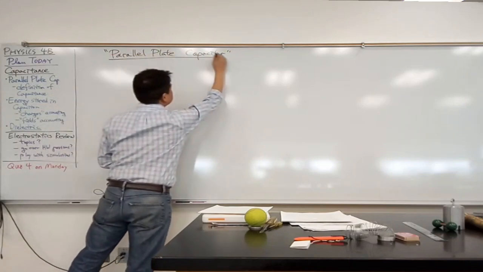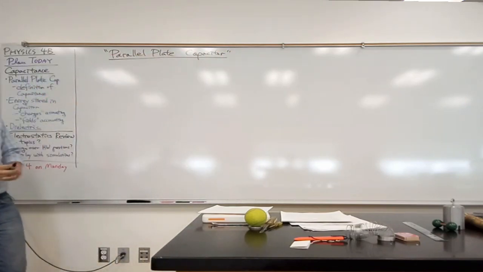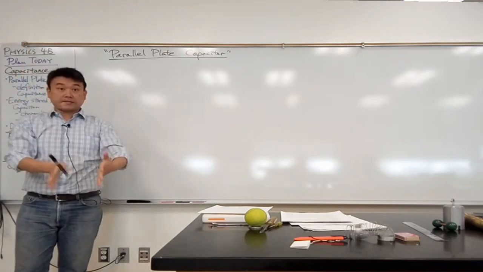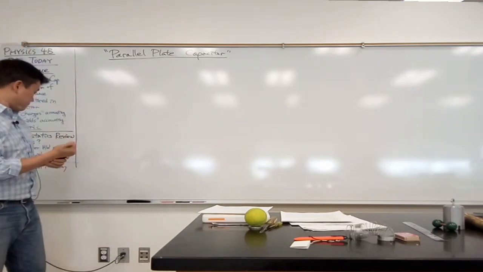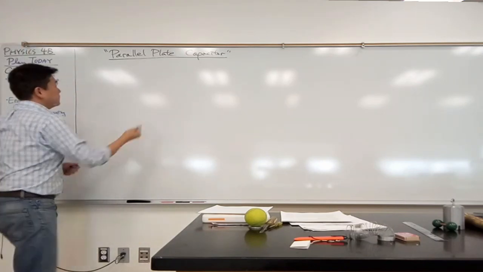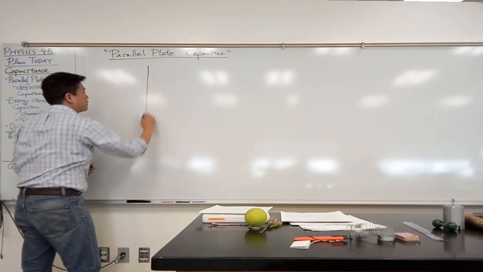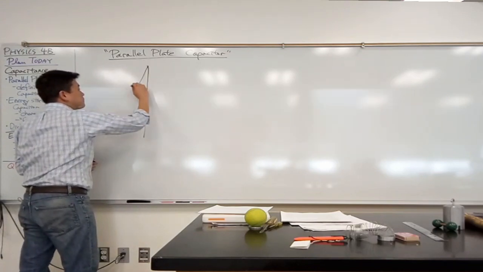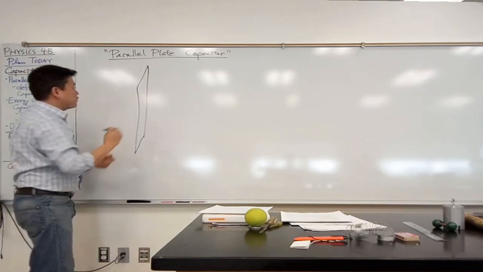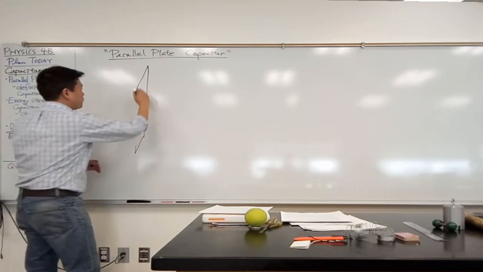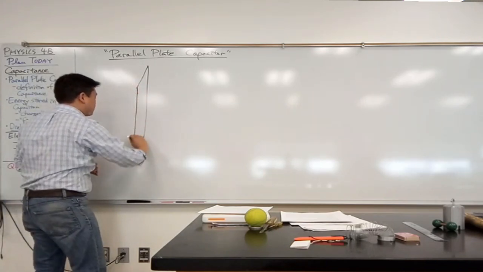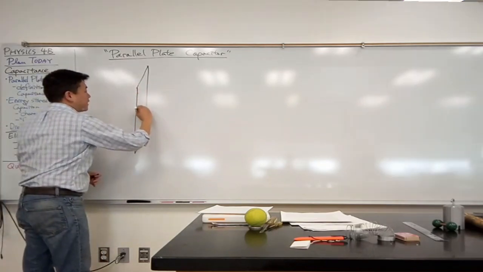I have 2 conducting plates of some large area. The exact shape doesn't matter, but if you want to imagine a particular geometry, imagine it's a rectangular plate of some area A.